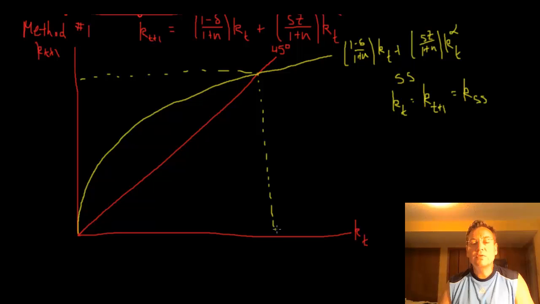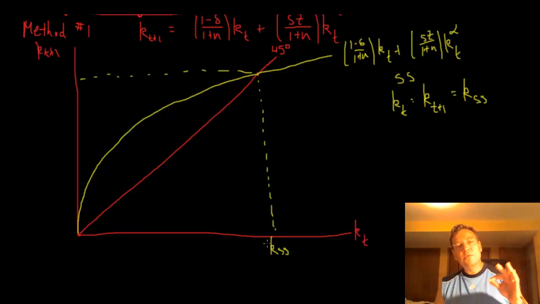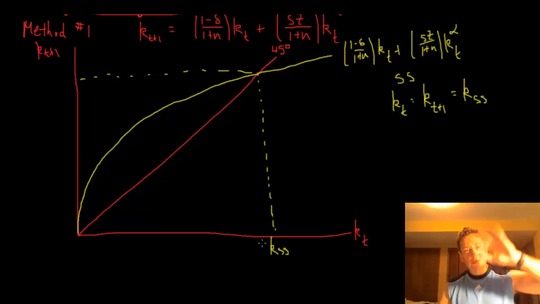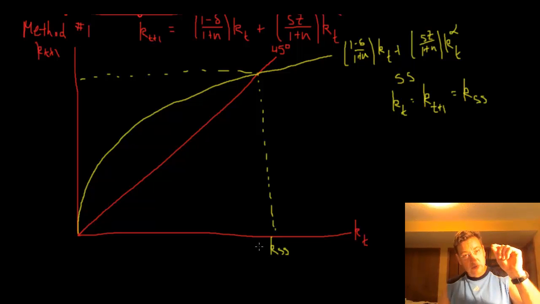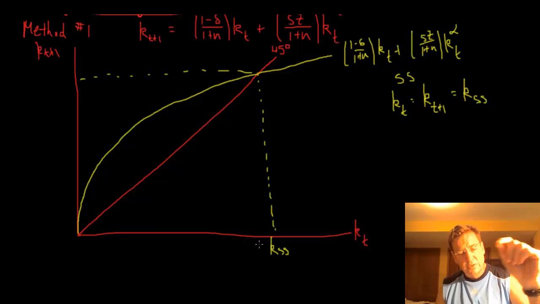So we know that the steady state occurs there. In our spreadsheet, that was the point that we converged to when you copied the formulas down the spreadsheet and you saw that the changes in k got smaller and smaller until they were 0.